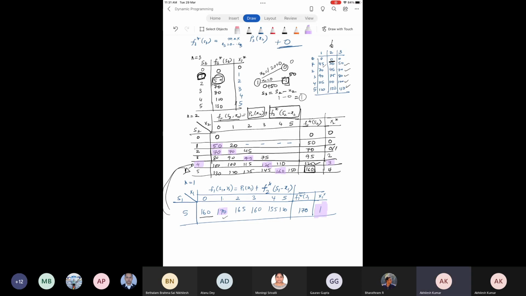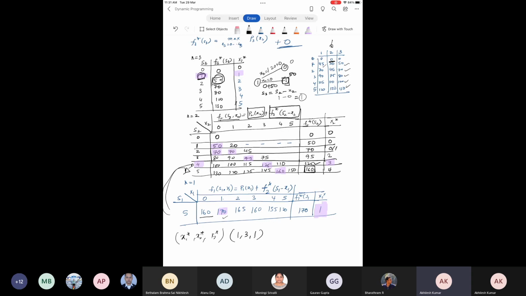If X2 star is 3, what state will you be in stage 3? 1. 1 plus 3, 4 you have listed. You have only one team left, right? So X1 star is equal to 1. So 1 comma 3 comma 1. This is your X1 star, X2 star and X3 star.